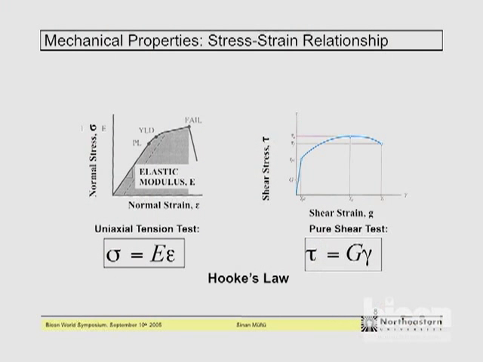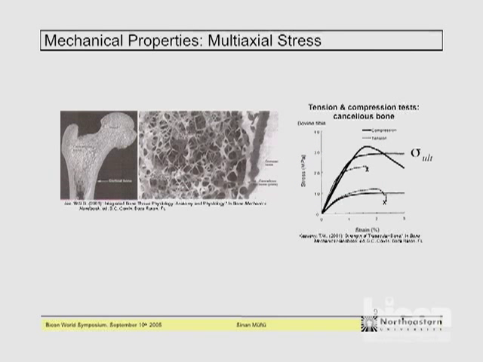Shear strain causes some angular changes with respect to a rectangular configuration, and the shear stress, shear strain curve would look something like this. If things were very simple, we would have a uniaxial tension test, and normal stress would be related to normal strain with Hooke's law, and shear stress would be related to shear strain through a shear modulus.